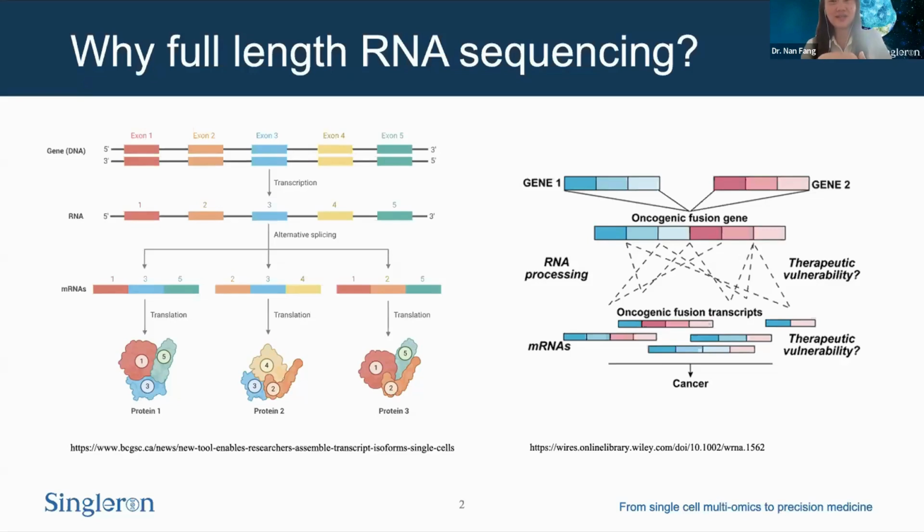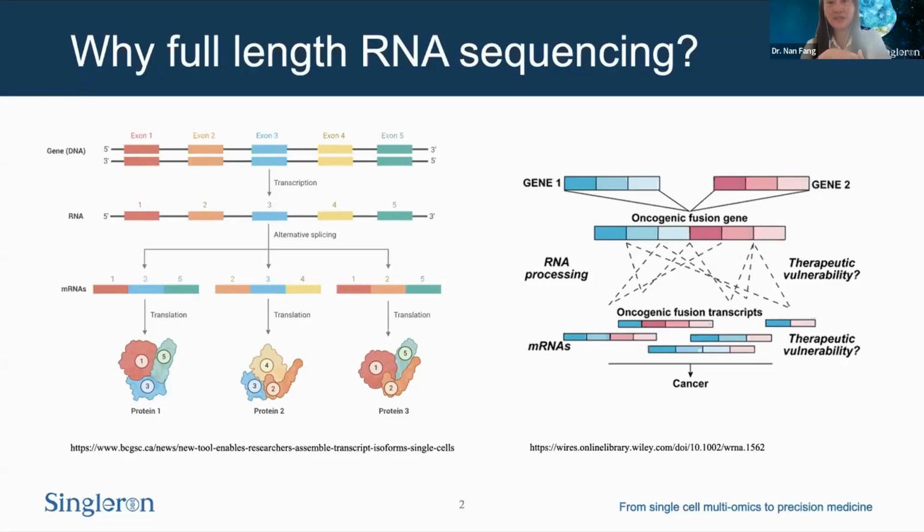This unexpected joining of pieces from different genes could also generate a new protein that can have unexpected function. And if things go wrong, these fusion genes could really lead to diseases like cancer, especially in blood cancer. You probably heard about the Philadelphia chromosome. This is actually a quite commonly seen phenomenon.